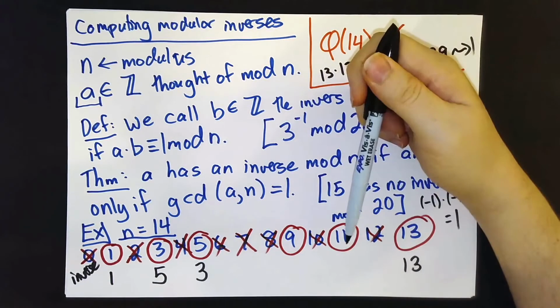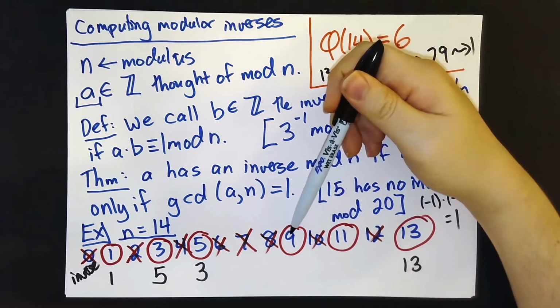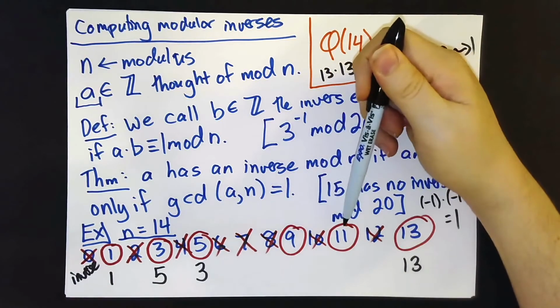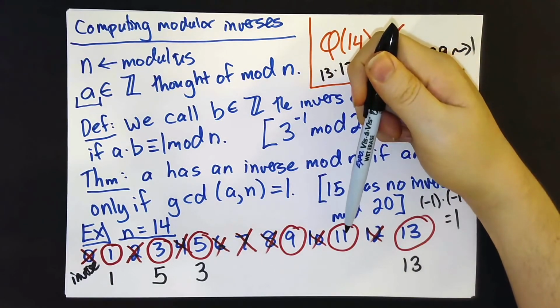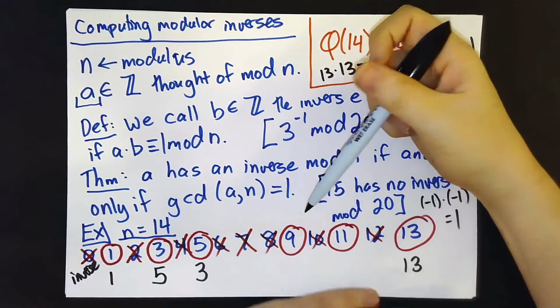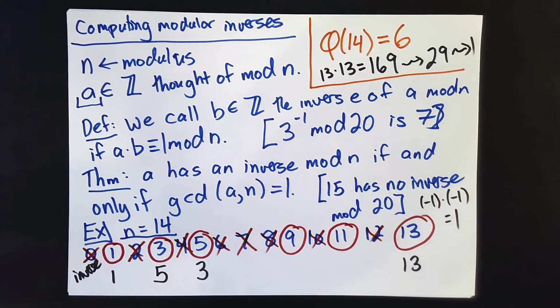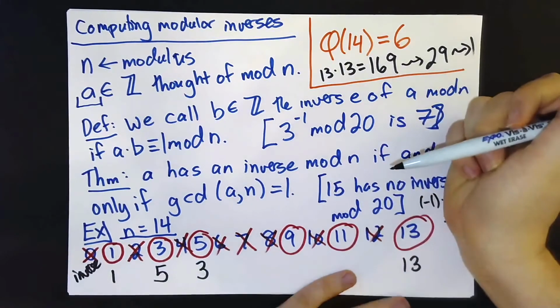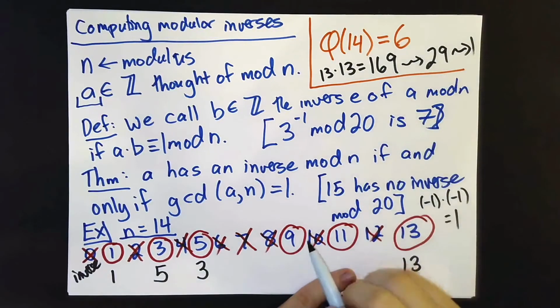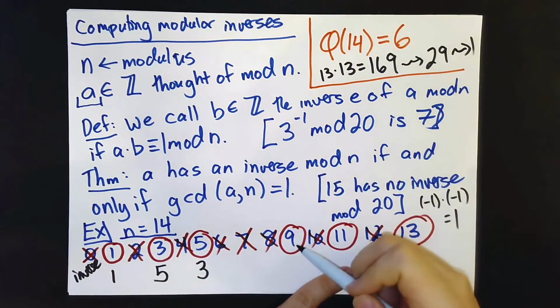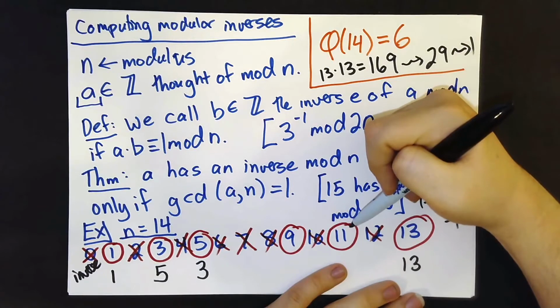What about 9 times 11? Well, what is 9 times 11 mod 14? Again, I can think about that as, okay, what's 99 mod 14? And then I get to think through my multiples of 14. And guess what? I don't know my multiples of 14 very well. Or I can use the same mental trick, which is that 9 is minus 5 mod 14. And 11 is minus 3 mod 14.